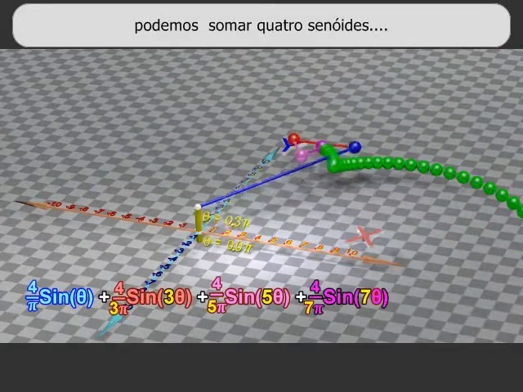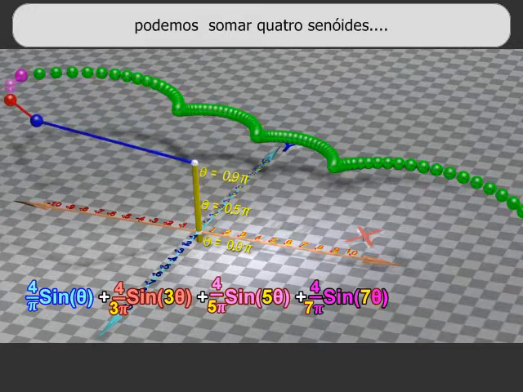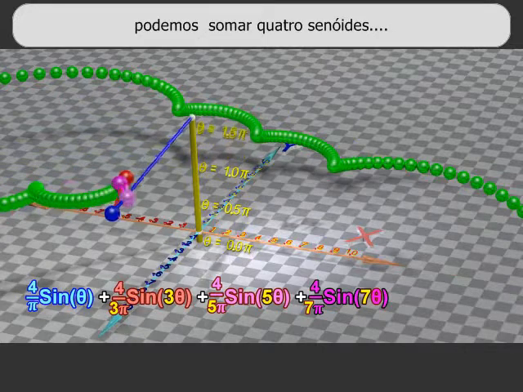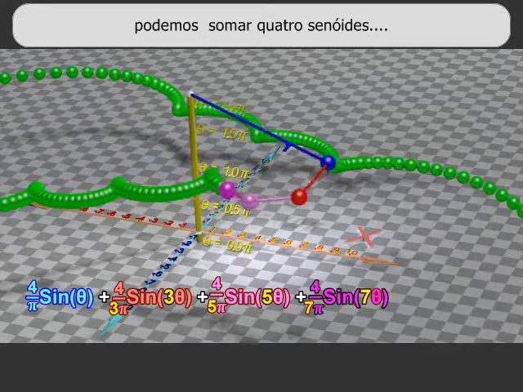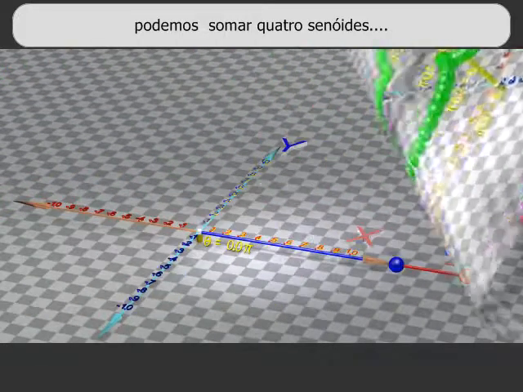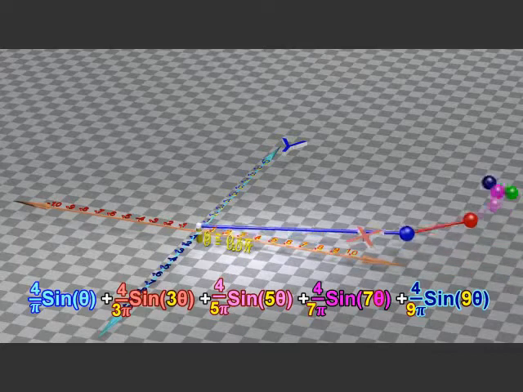We can add together 4 sine waves. We can add together 5 sine waves.